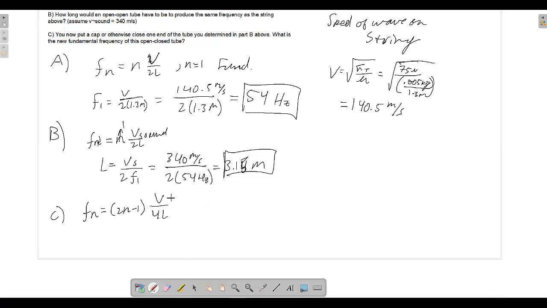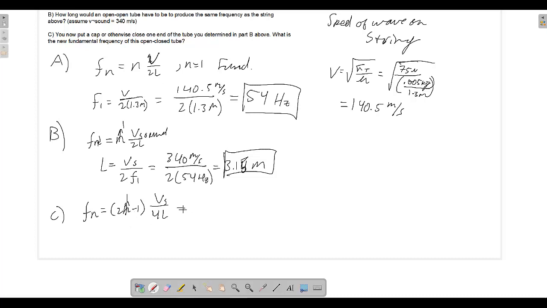We can again assume that the speed of sound is 340 meters per second. Again, because it's a tube, it's the speed of sound we're looking at, not the speed of a wave in a string or otherwise. n is going to be 1 again, because we're looking at the fundamental frequency. So this whole part of the equation just becomes 1: 2 times 1 is 2, minus 1 is 1.